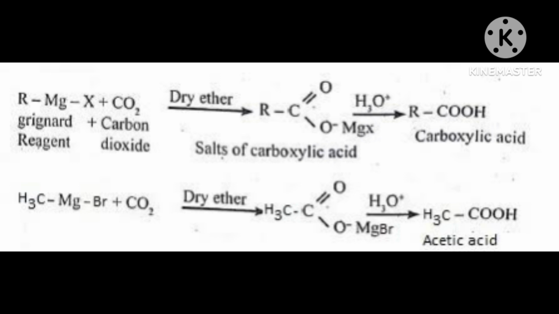Taking acetic anhydride as the simple example, CH3CO was already there, and one O attaches, giving CH3COO minus, correct? On the other side you get only CH3CO, and that C will be positively charged because the oxygen has taken the electron and become negative.